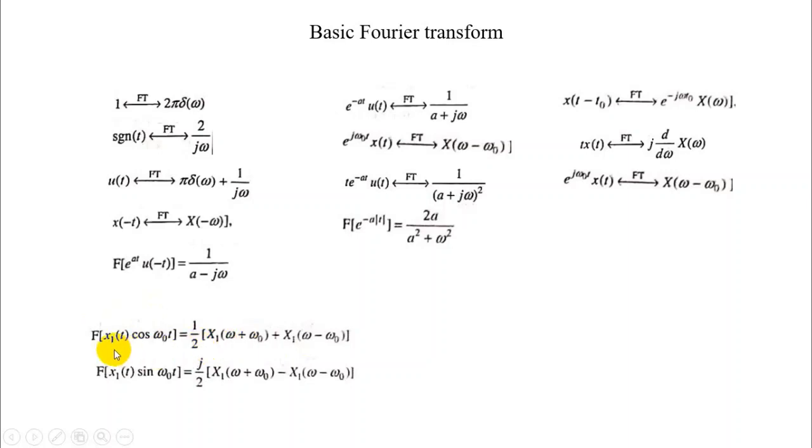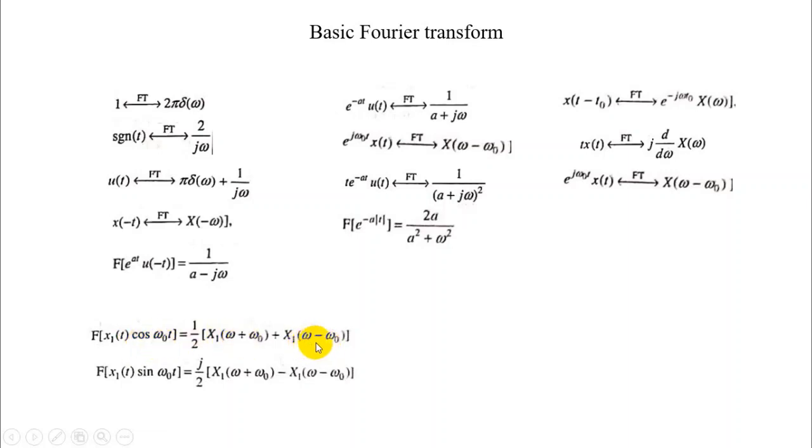So what would be the value of X1 omega? X1 omega is basically the Fourier transform of x1 of t, and we need to transform it into X1 of omega plus omega naught, and omega naught would be taken from the cos omega naught t, the angular frequency of that function.